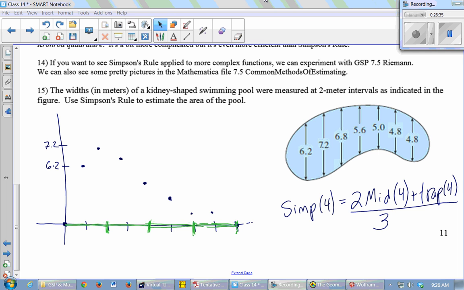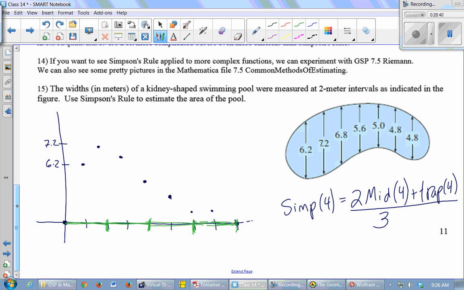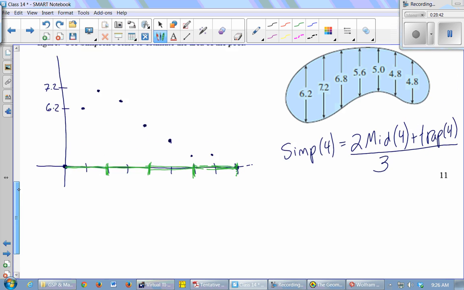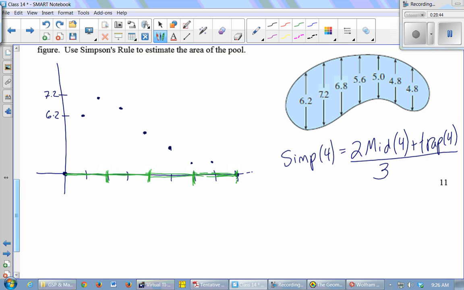Okay, so we need mid and trap to be able to find Simpson's. I've already broken this into 4 intervals. So if I'm going to find mid over the interval of length 4, I use the midpoint to get my height of that rectangle. So this is 4, and this is a height of 6.2. 4 times 6.2 is 24.8.